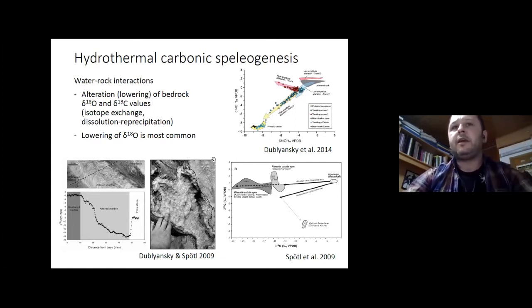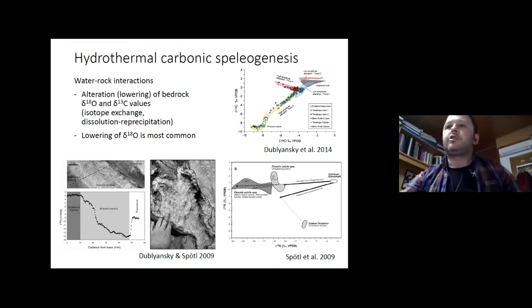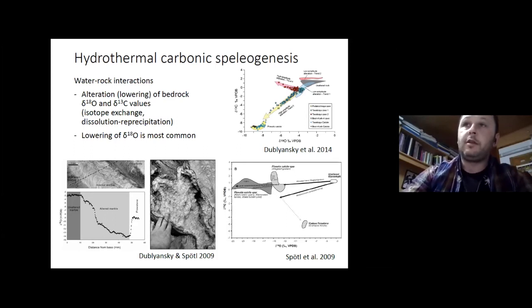We can find many other examples where we have this kind of alteration trend. Most commonly, there is a shift of both oxygen and carbon values towards more negative values. This is the most common, especially for the oxygen, which reflects a higher temperature system; it reflects the higher temperature of the water, which will have a more negative value.